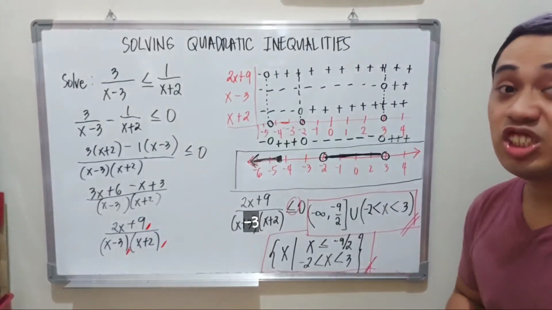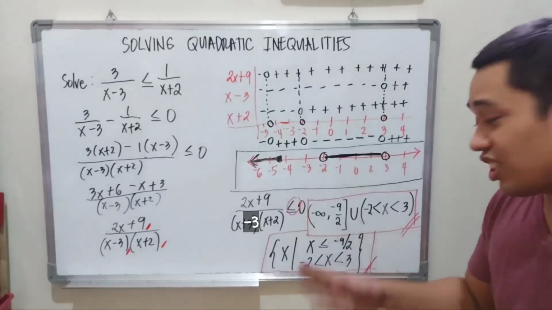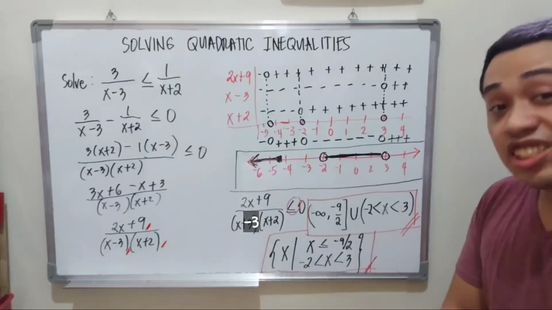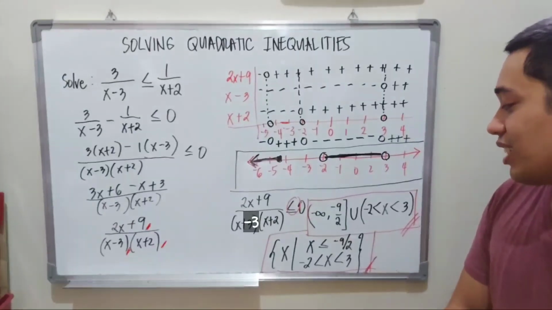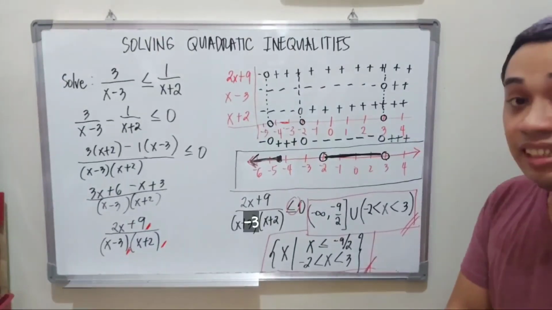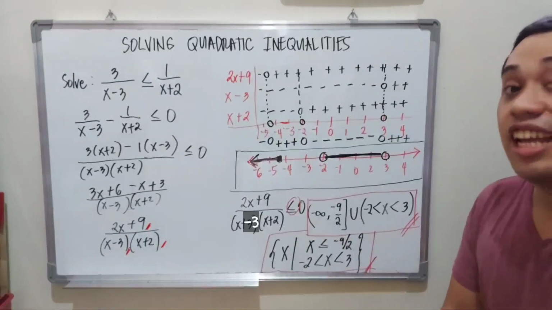Yun. Pwede rin siya maging notation as x such that x is less than or equal to negative 9 over 2 and x such that x is less than 3 but is greater than negative 2.